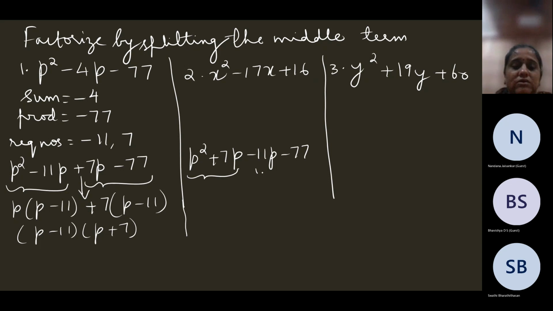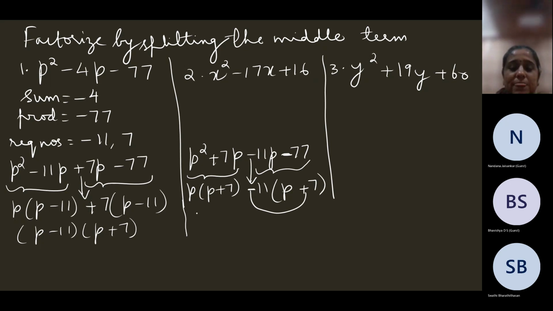When you group, p common, p plus 7, then this minus as it is, minus 11 common, minus 11 into p is minus 11p, minus into plus is minus, 11 sevens are 77. So p plus 7 into p minus 11. Did you get this? Yes, ma'am.